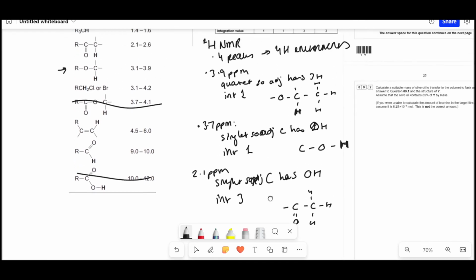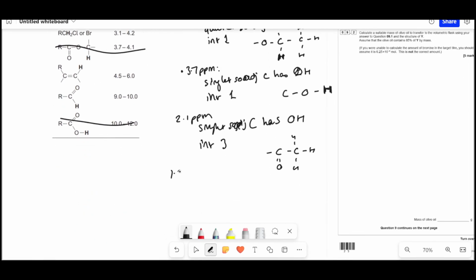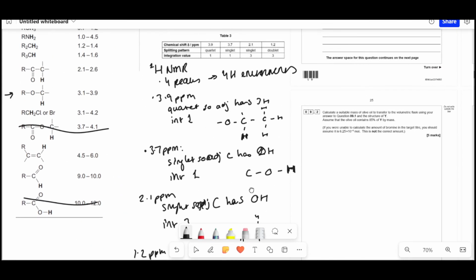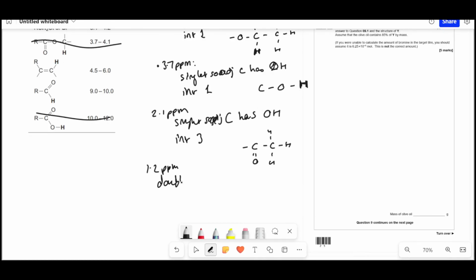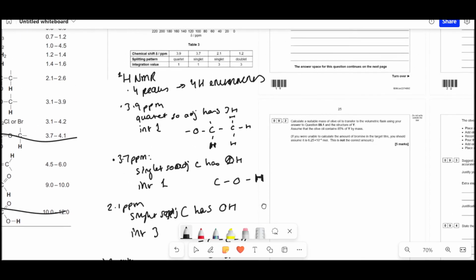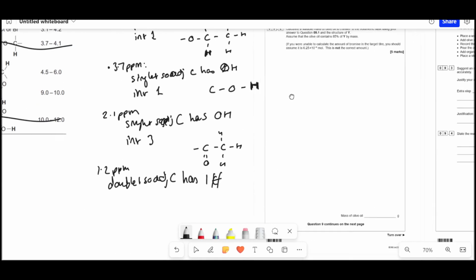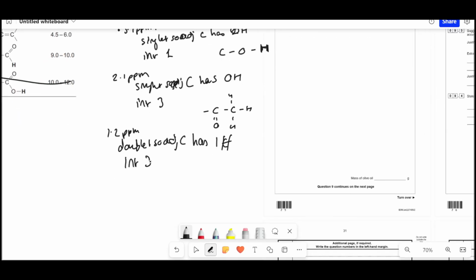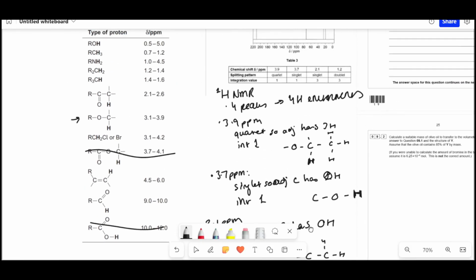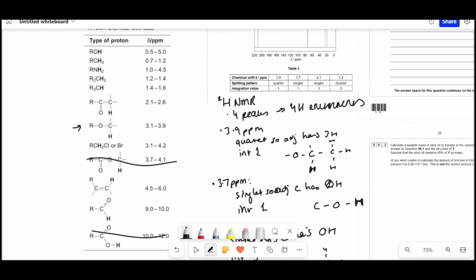So then we have the 1.2 ppm peak. I think it was a doublet. Yeah, doublet. So the adjacent carbon has 1 hydrogen. And it's an integration of 3. So then we need to figure out what that one is. Well, what fits that range of 1.2 ppm that would probably be realistic?